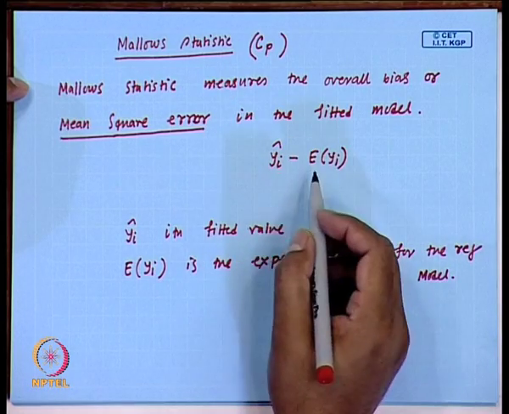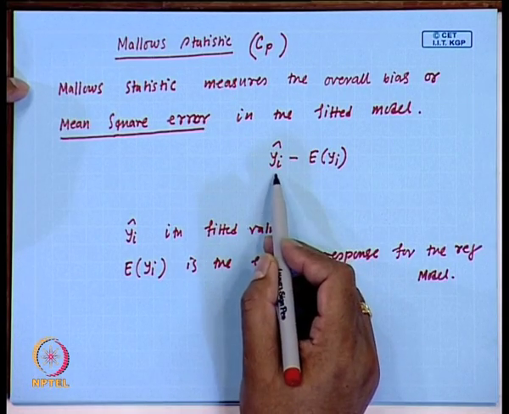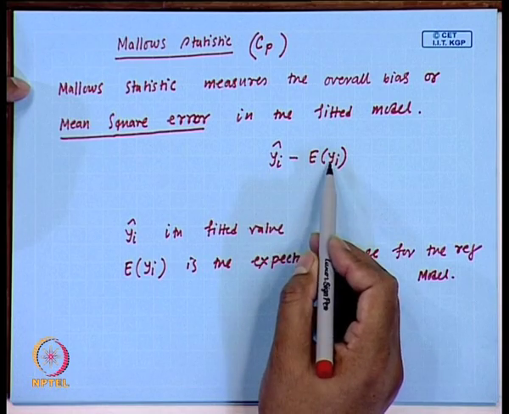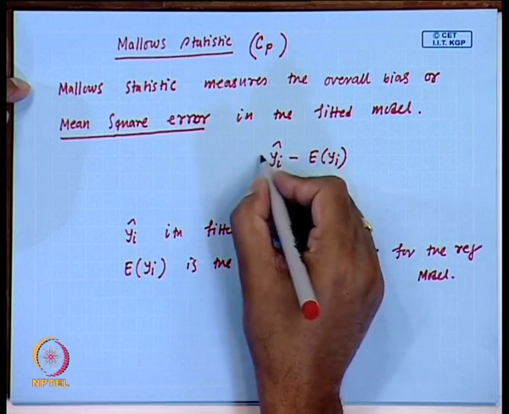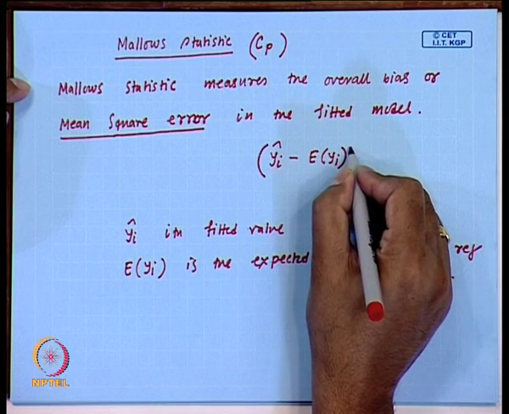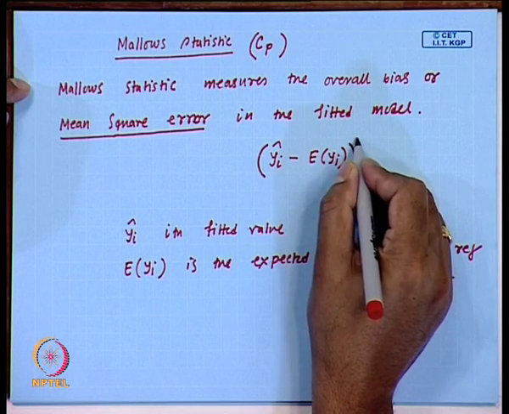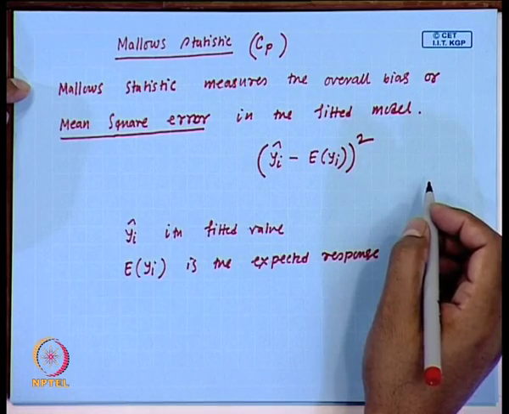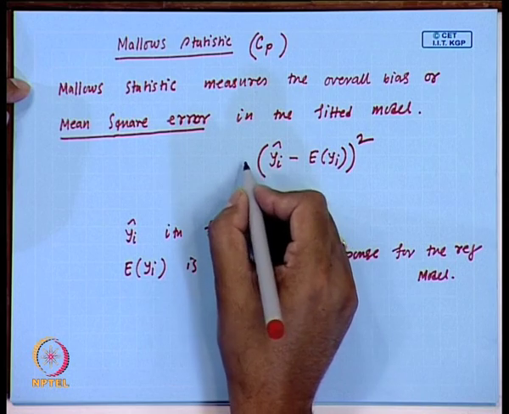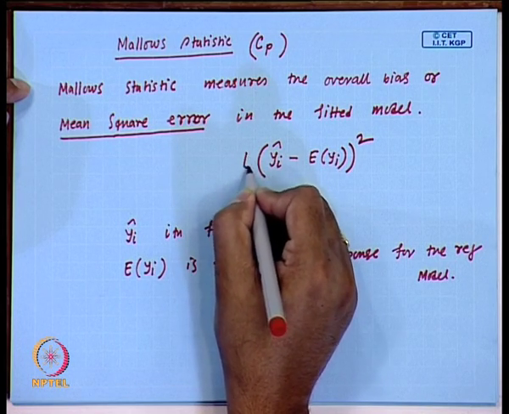Okay. And the difference between the fitted value and the expected value is the error. You square it, so it becomes square error, and then you take the mean, means the expected value of this one.